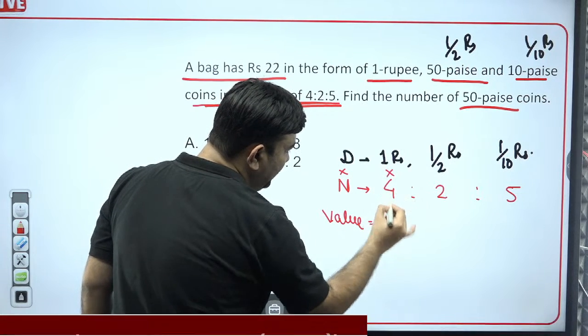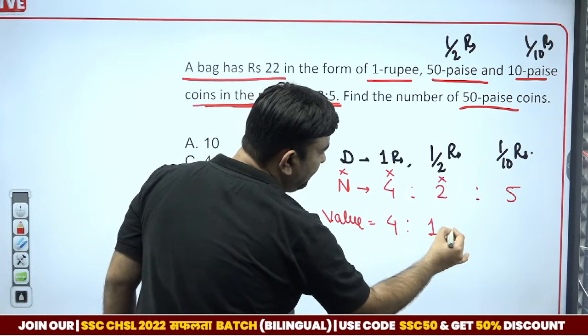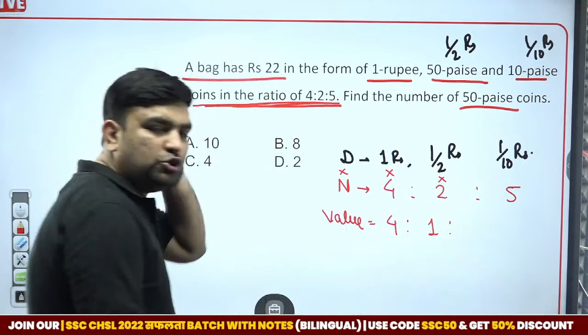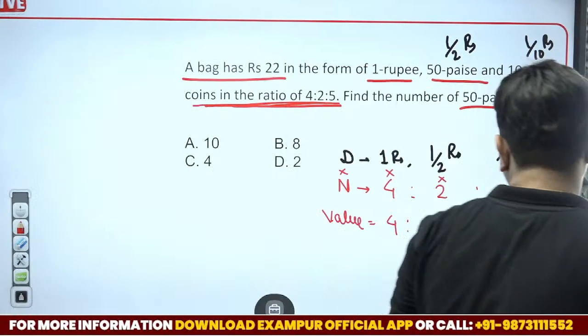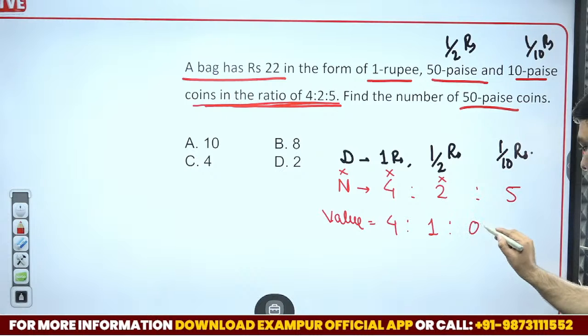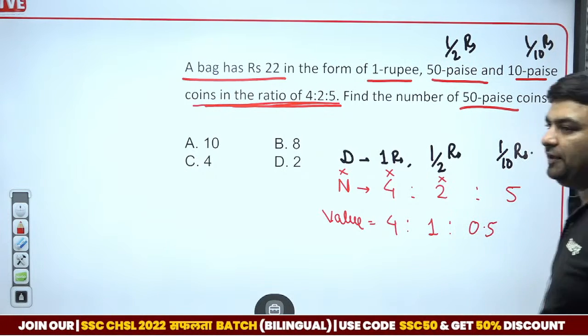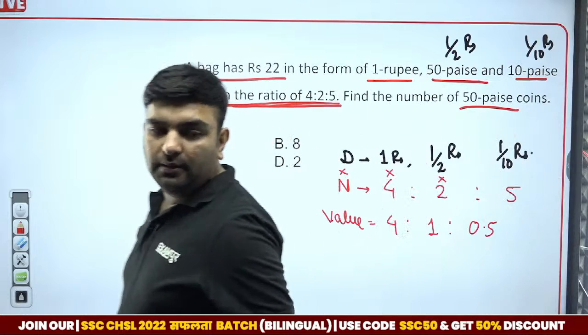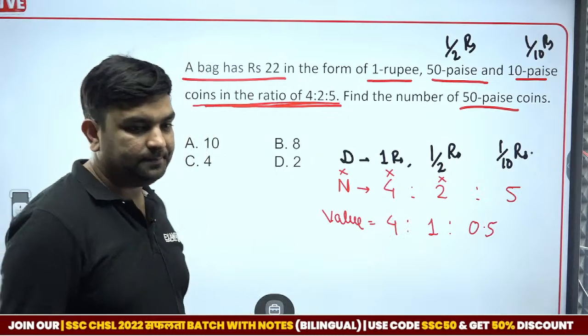So value is 4 into 1, 4. 2 into half is 1. And 5 into 1 by 10 is 0.5. This is the value which is getting formed according to the ratios.